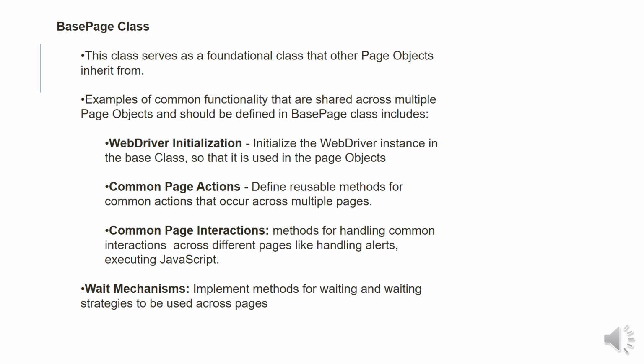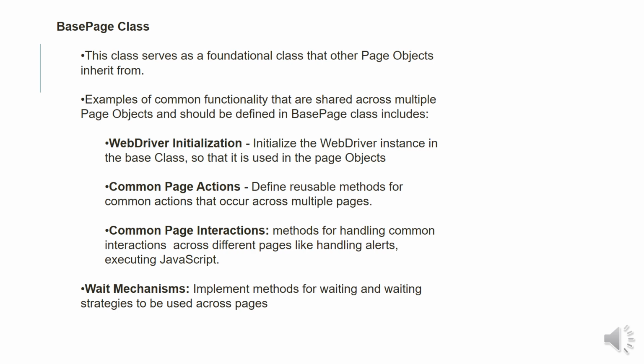The base page class, this class will serve as a foundation class that other page objects inherit from. Examples of common functionality that can be used across multiple page objects and that can be defined in the base page class include the WebDriver initialization, the common page actions, like suppose there are multiple input controls and there is some common action that we have to perform on those elements.